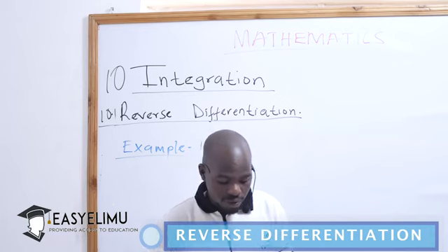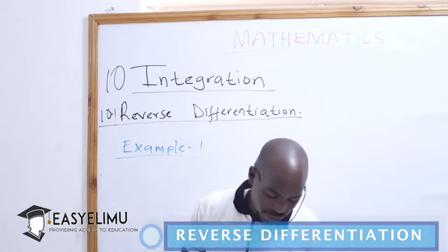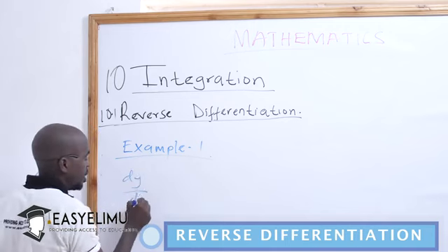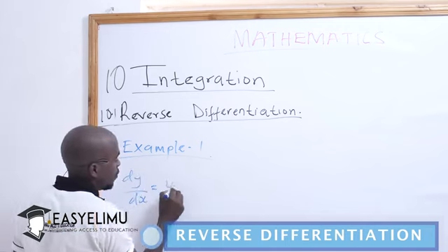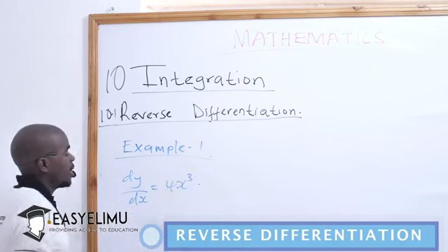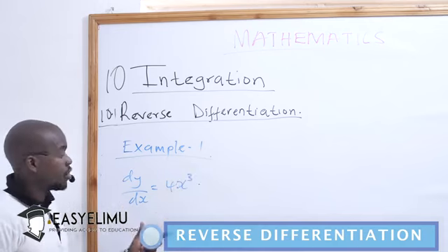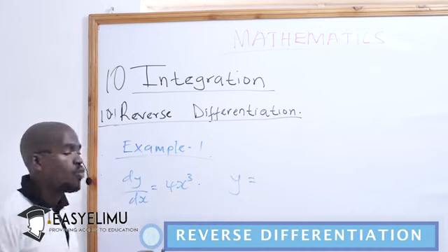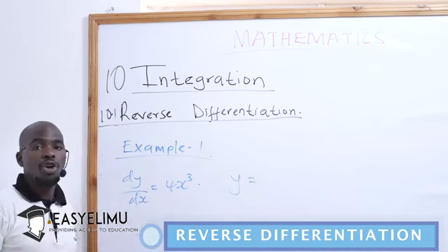So for example, find y if dy dx equals 4x cubed. To find y, you have to do what you did in differentiation the opposite way.